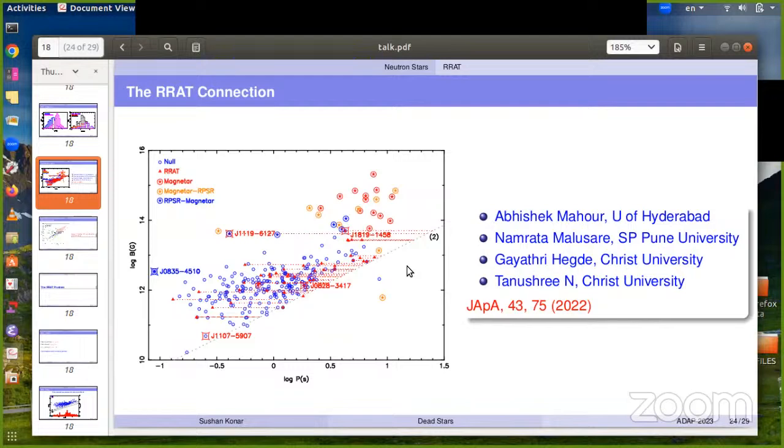That means that simply because this object is slowing down and some energy is coming out, that energy cannot explain the luminosity of the magnetars.